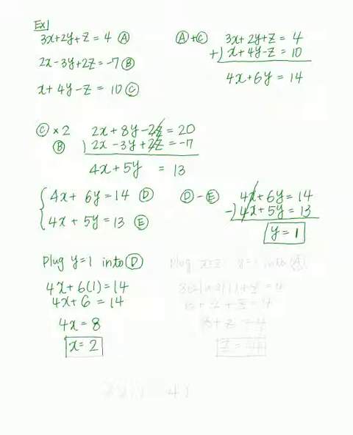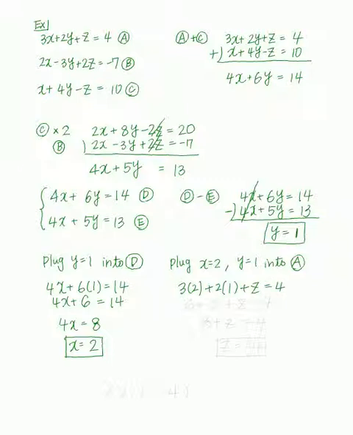All right, I now have 2 of my 3 unknowns. I'm now going to take x equals 2 and y equals 1, and I'm going to plug it into equation A, all the way at the beginning. It actually doesn't matter which ones you plug it into, but we'll plug it into A. So we're going to have 3 times 2 plus 2 times 1 plus z equals 4.